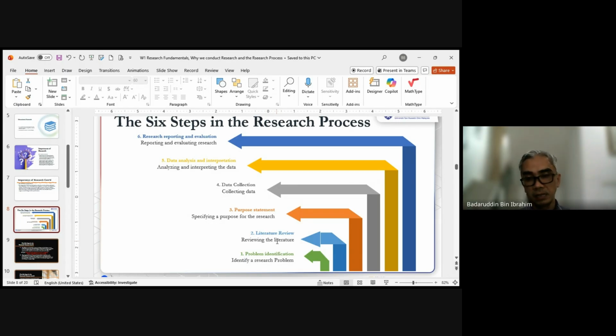At this stage, you have to conduct the literature review intensively related to that particular topic. In this process, you will be, I would say, the master of the topic.